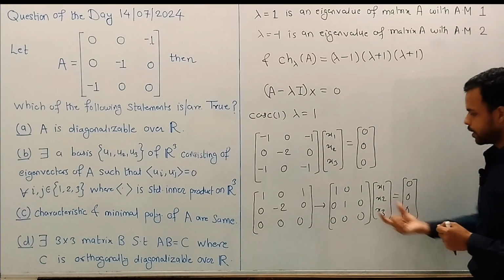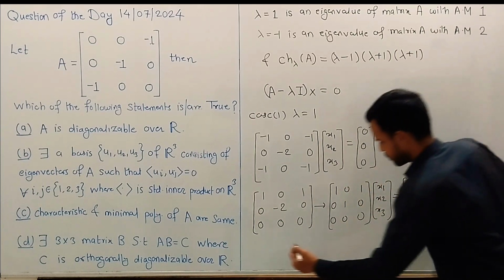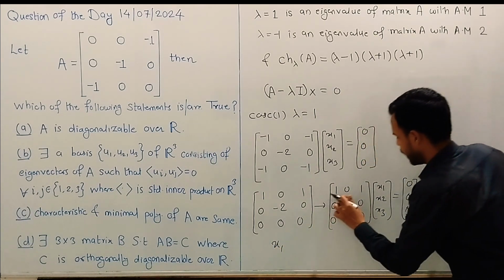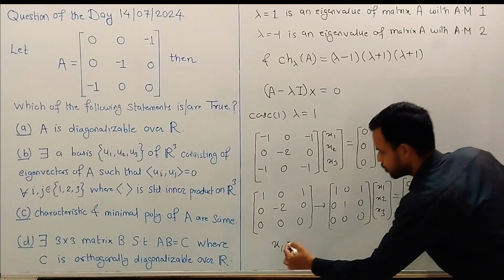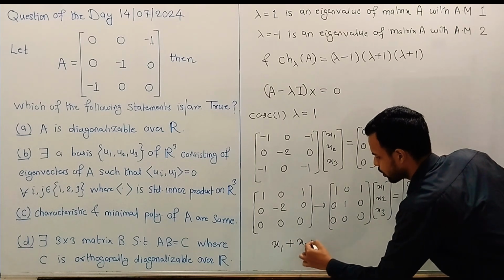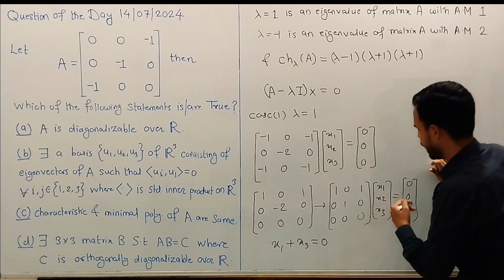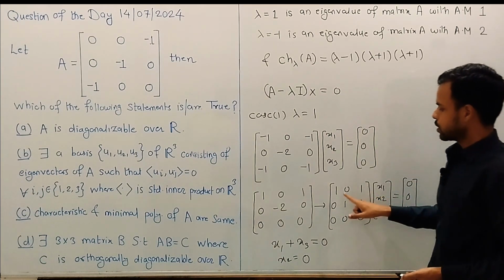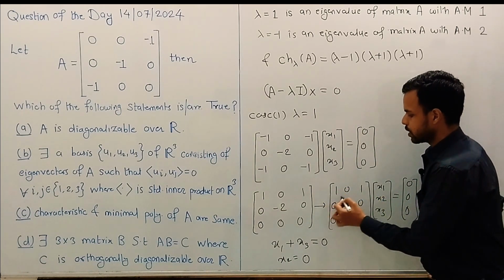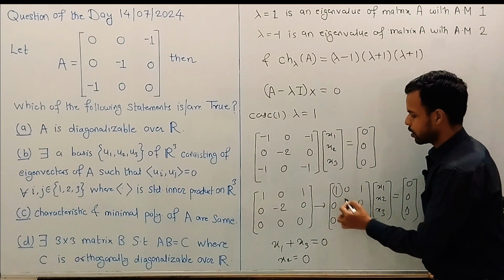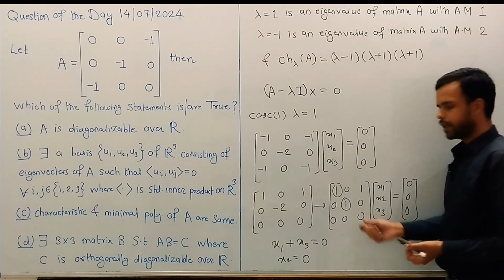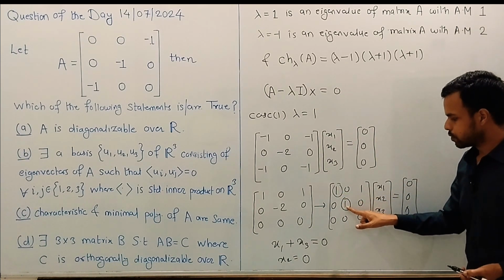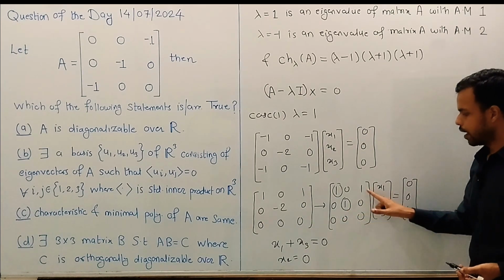Now let's write the corresponding equations. This is an echelon form. So the corresponding equations are x1 plus 0 times x2 plus x3 equals 0 and x2 equals 0. As the first row has a leading entry and the second row also has a leading entry, the leading variables are x1 and x2, and the free variable is x3.